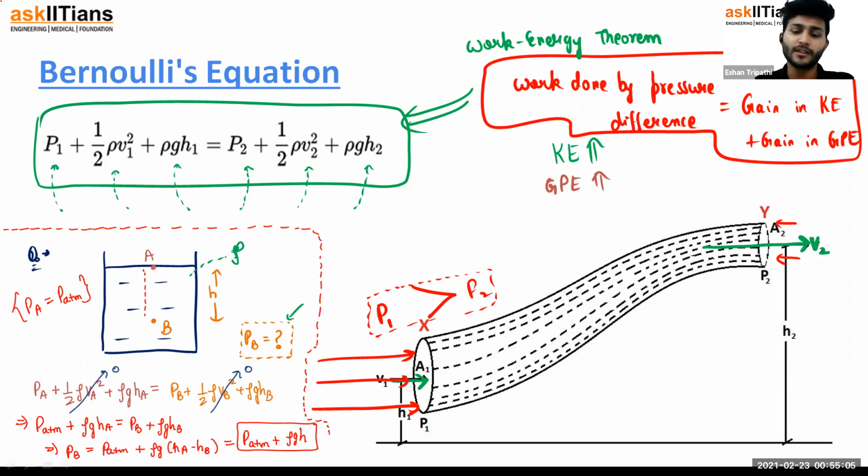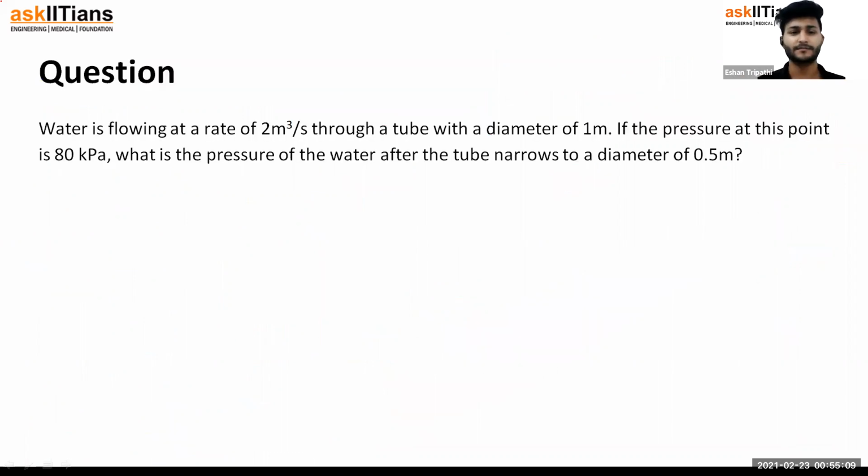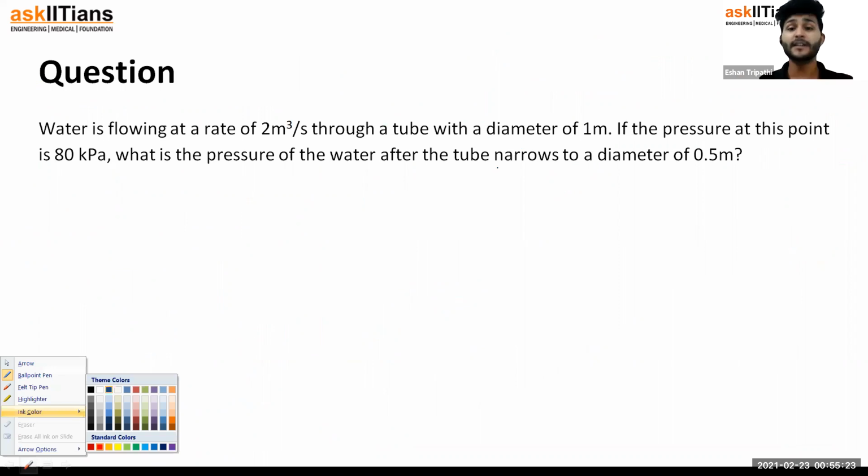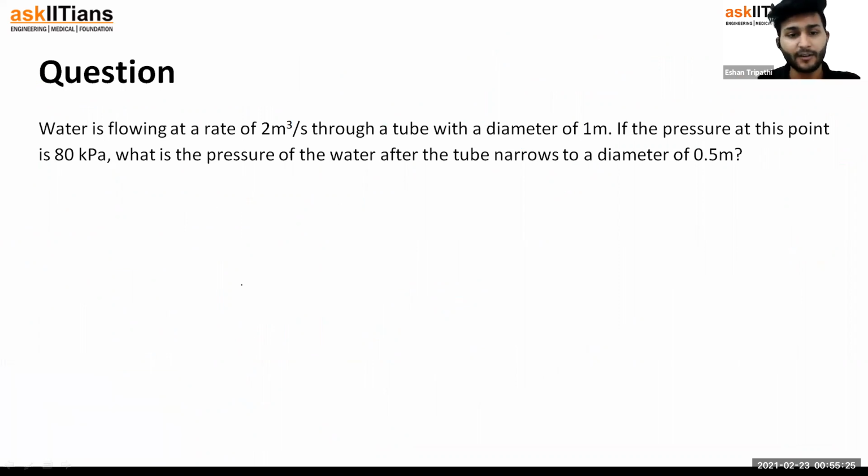Okay. Let's see another question on this, including some terms of speed. It's given that there is a pipe through which liquid is flowing at some rate. Basically, if I draw, the pipe is thicker on the left, but as one moves towards right, it gets thinner.